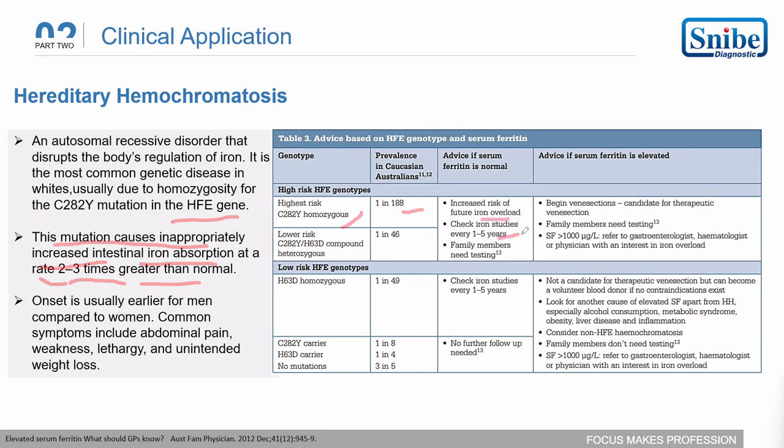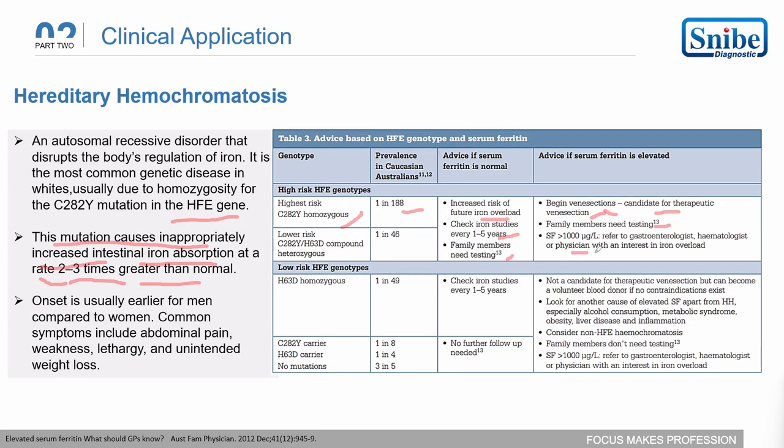They have iron studies every 1 to 5 years, and the family members need testing. The advice is, if the serum ferritin is elevated, they are candidates for therapeutic venesections, and family members need testing.